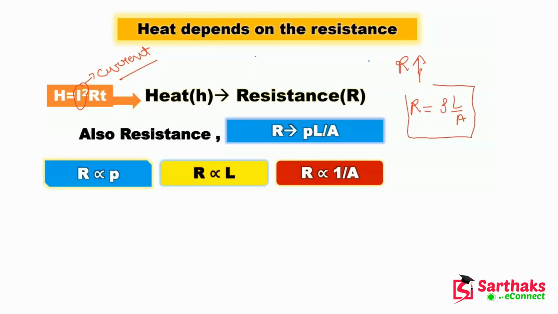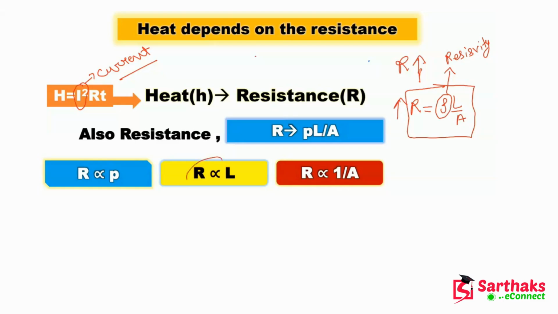We can do it by increasing the resistivity, because we know that resistance is equal to rho L by A. Now, if I increase this rho, which is resistivity, then our resistance will automatically increase. So to make a heating coil, I will take a wire whose resistivity is higher, so that the resistance will be higher, and because of the high resistance, the heat generated will also be high.